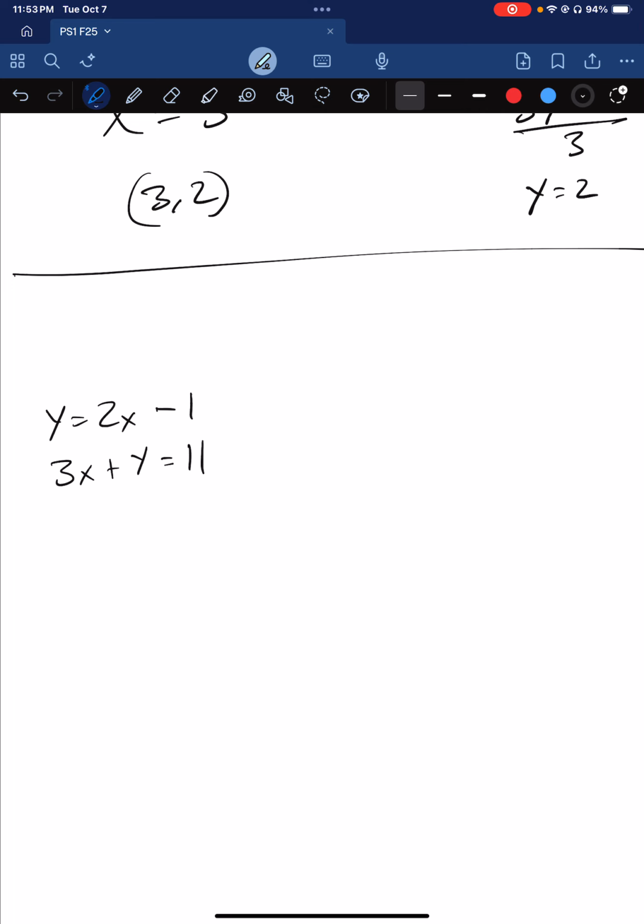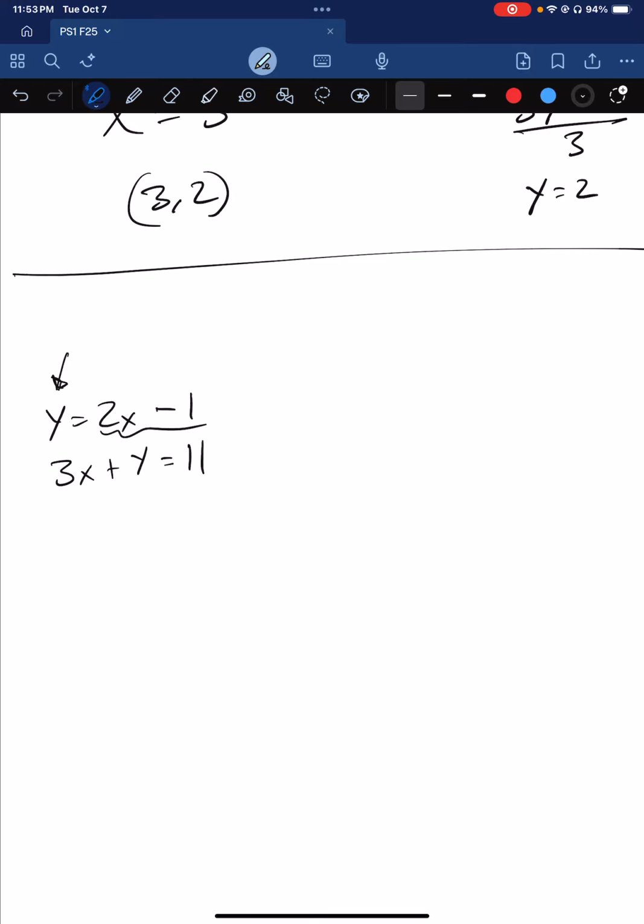What I'm noticing here is that one of our variables has already been solved for. This is really great to see. I love this. y equals 2x minus 1. Since it's already been solved for, we can just take this and plug 2x minus 1 in everywhere we see a y into our other equation.